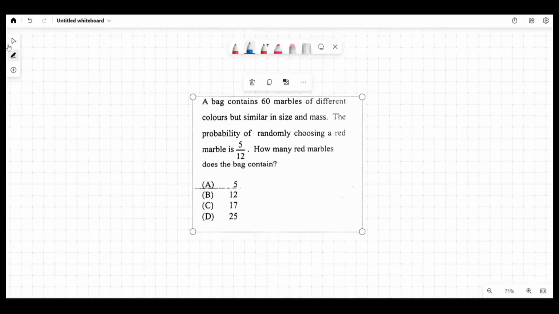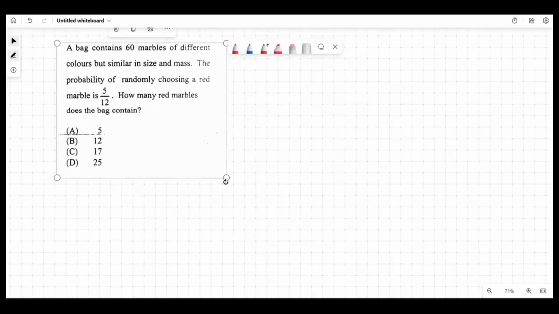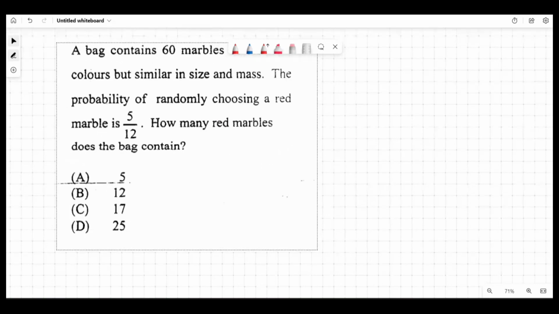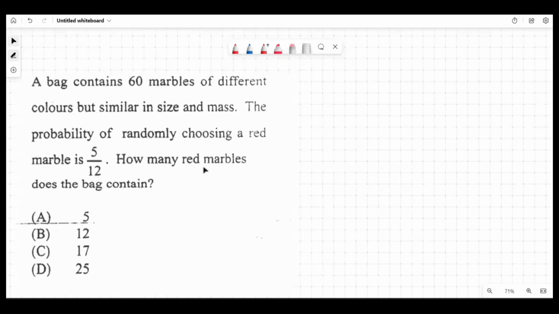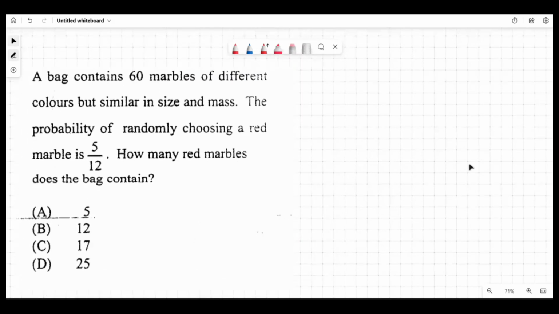All right, so here goes. You're looking at key things. For example, 60, we're dealing with red, and it's 5/12. Let's look. Can I use a red pen for red? I should. This red is 5/12.